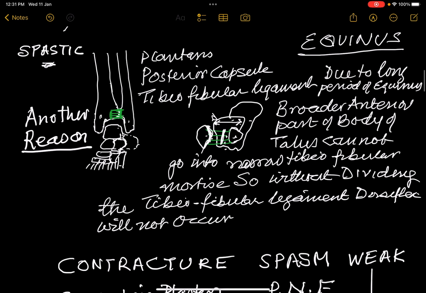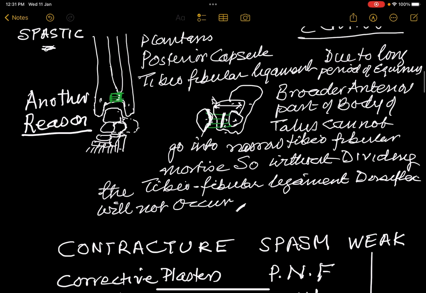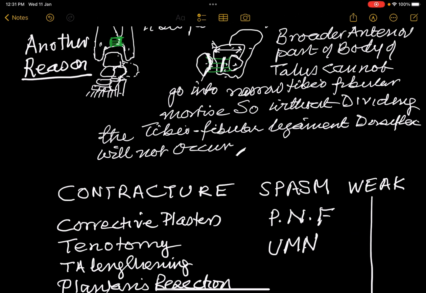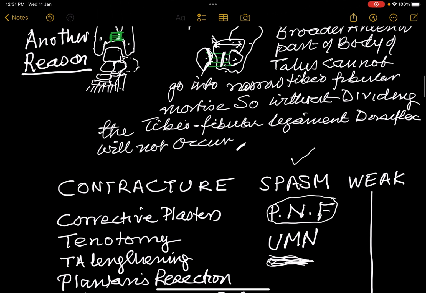So after understanding this much about the equinus deformity, where passive dorsiflexion is not possible, if there is a spasm of the plantar flexors, you will do proprioceptive neuromuscular facilitation, and the spasm is usually because of upper motor neuron involvement. The upper motor neuron starts from the cerebral cortex and ends in the spinal cord.